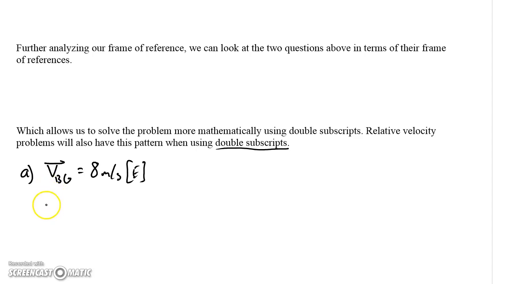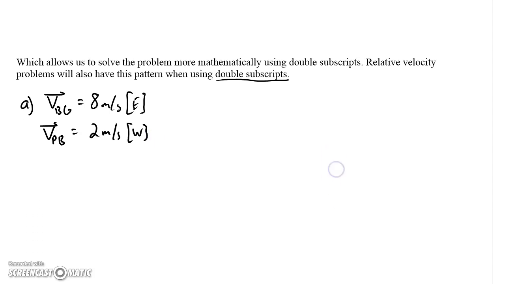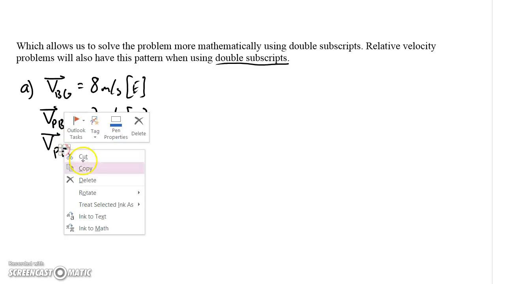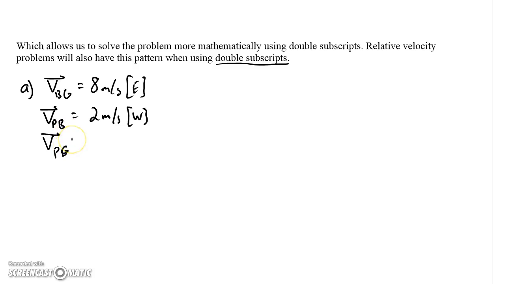Then we're told that the speed of the person compared to the bus is 2 meters per second, and that would be west because it's going backwards. And what we're looking for is the speed of the person compared to the ground. So you'll see there that we've got 3 different subscripts that we're using. We're using a bus, a person, and the ground. So we've got person to the ground, bus to the ground, and person to the bus.